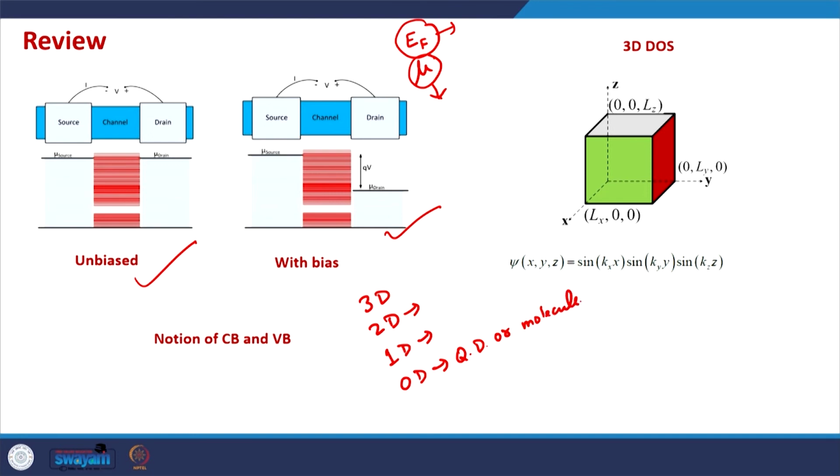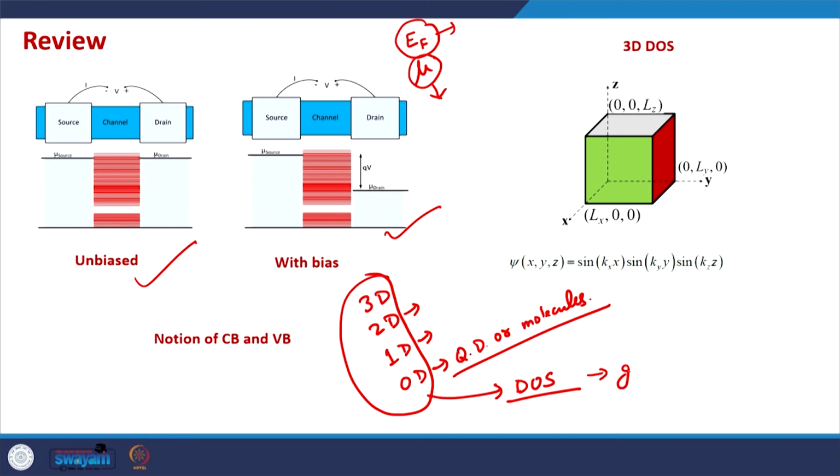So, we need to understand how many electronic states would exist in these channels as a function of energy, and that is essentially what we obtain from the density of states. Density of states is represented as g(E), and that is what we will be calculating.